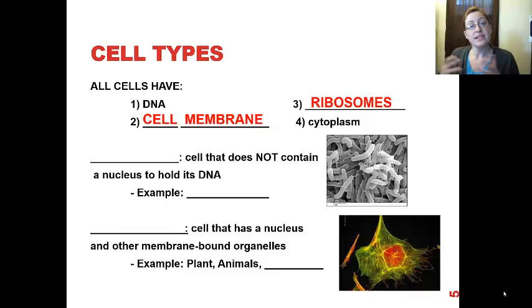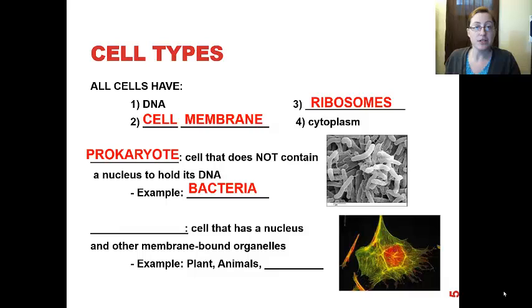We can divide cell types up into 2 main groups, and that is based on what they contain inside. The first is a prokaryote, and what a prokaryote is, it's a type of cell that does not have a nucleus, which is the name of the cell part that holds DNA. So for example, all bacteria are an example of prokaryotic organisms.